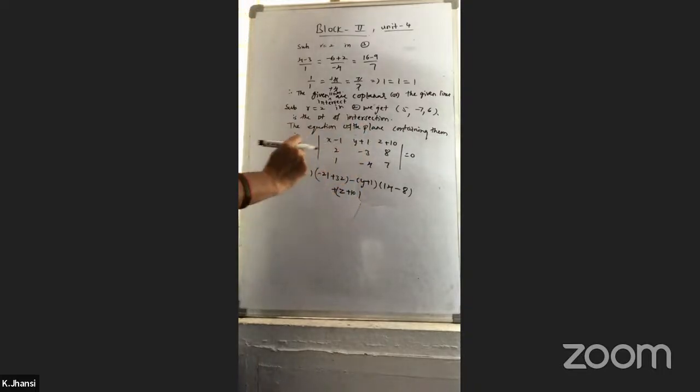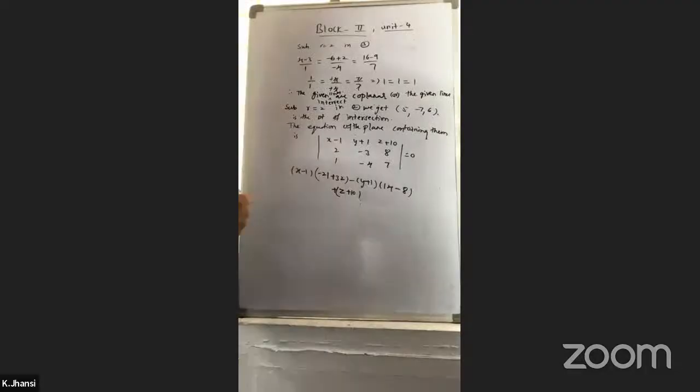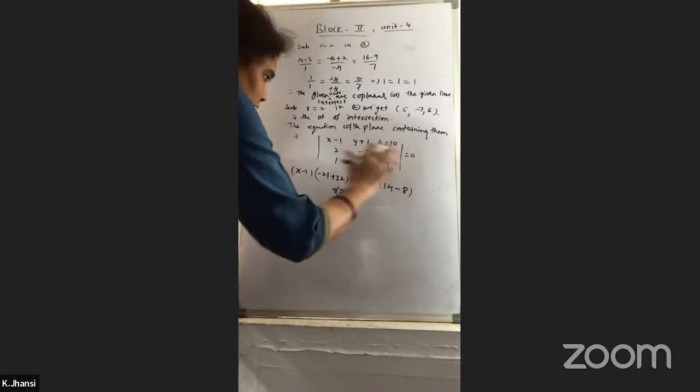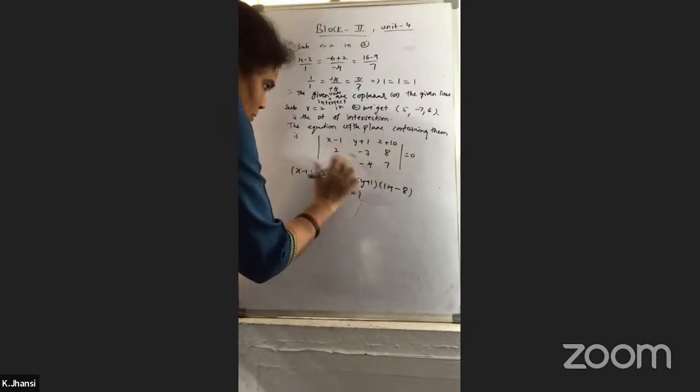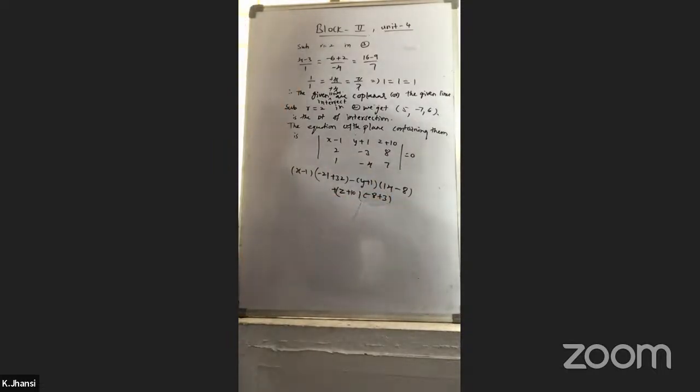If you know the concept of finding the determinant from intermediate, and in your degree level matrices, for finding the determinant and finding the rank of the matrix, you can see the concept there. So z plus 10, if you eliminate this column and this row, minus 8, this is minus of minus, plus 3.